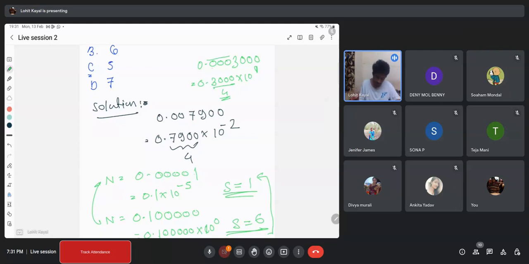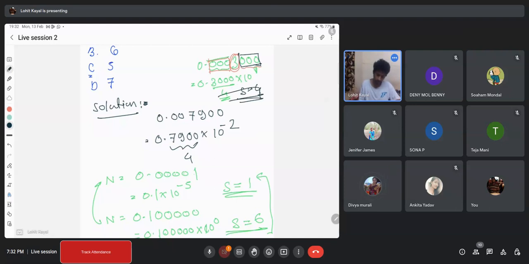See, here there are three preceding zeros, and here three trailing zeros. You might get confused that only three is a significant digit, but no. These three preceding zeros we will not count as significant digits, but these three trailing zeros will be counted as significant digits. So the total number of significant digits will be four.